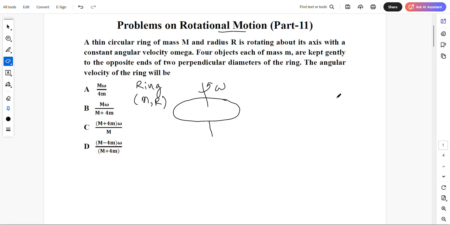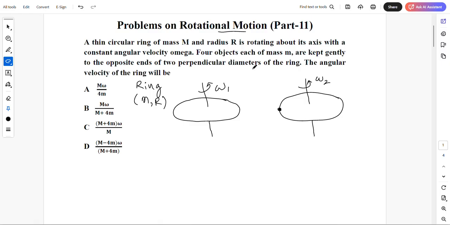Again, I will draw this diagram. This is omega 2, and this is omega 1. Now, how many objects?